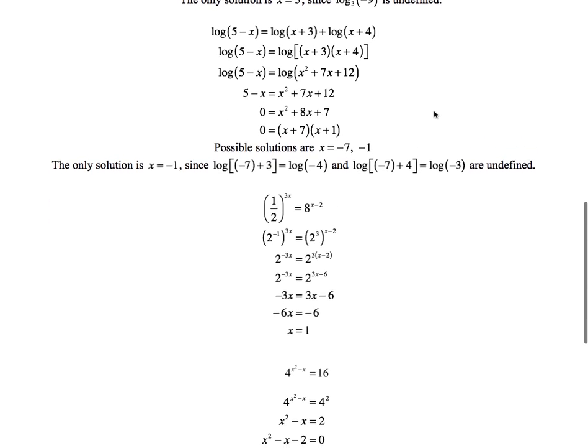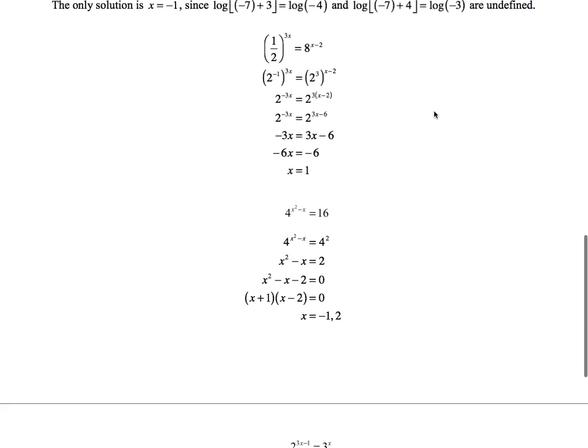So you can take logarithms here of positive numbers, and if you substitute -1 here, this will be 5 minus a -1, which is the same thing as 5 plus 1, so you're taking the logarithm of a positive number here. And if you finish all the calculations, you'll see that you do get equality.